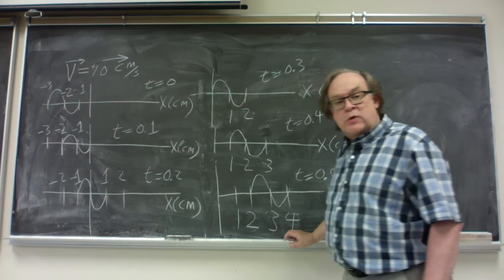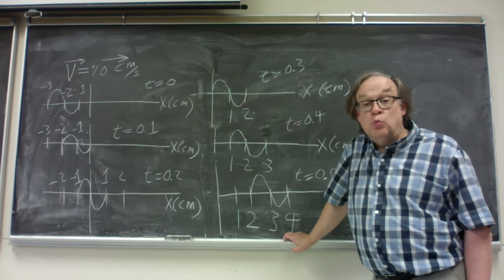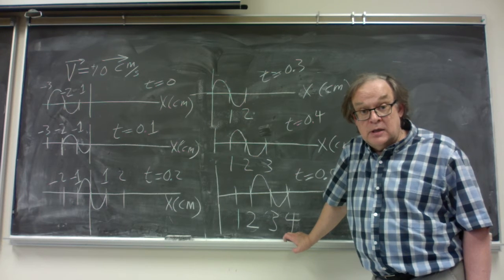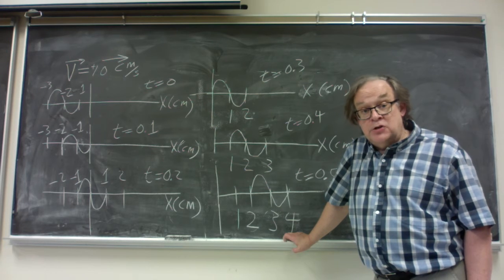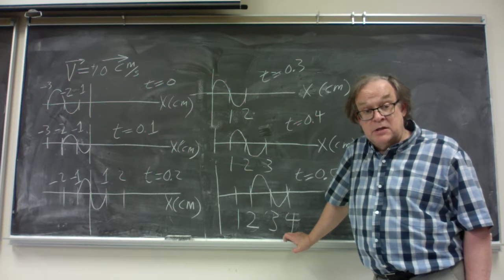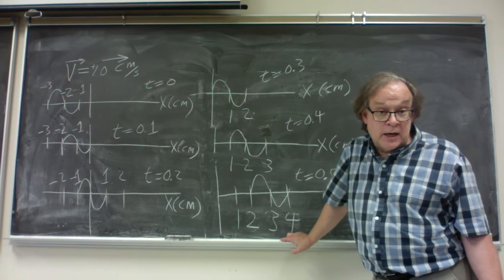So instead of a snapshot, we have a history graph which tells us what's happening to just one location at different times. Or to put it another way, it shows the displacement of one piece of the string as a function of time.